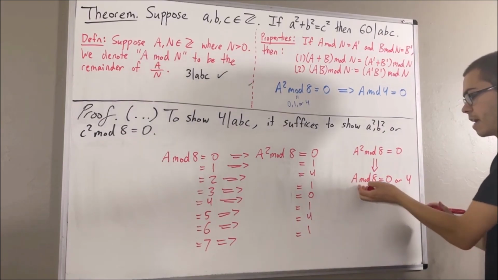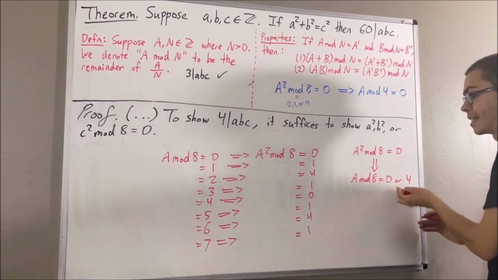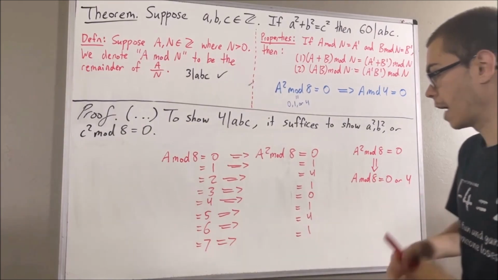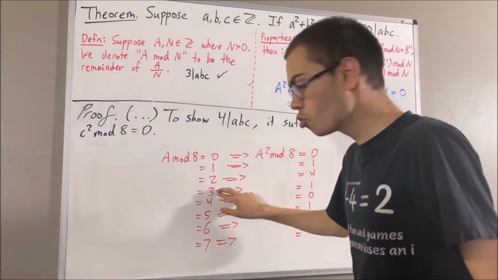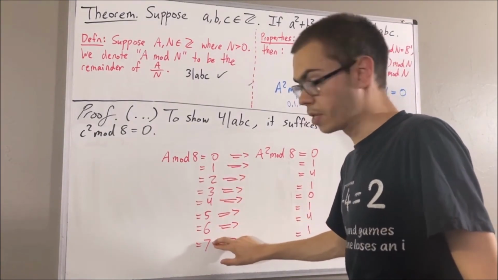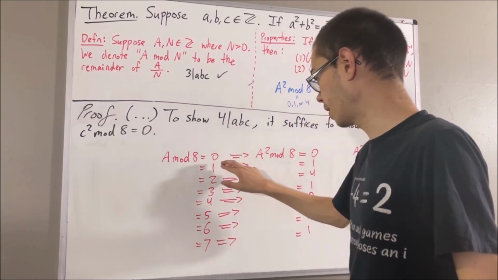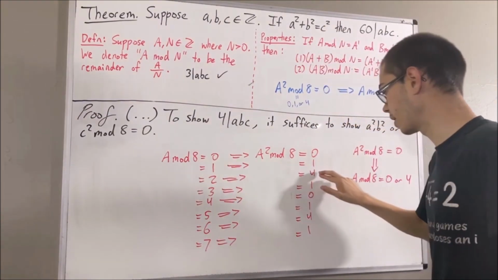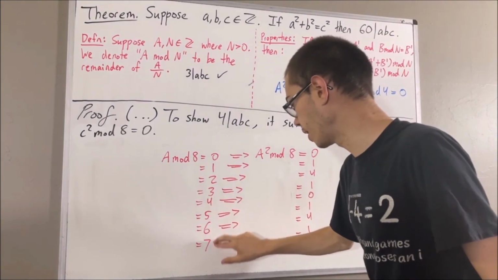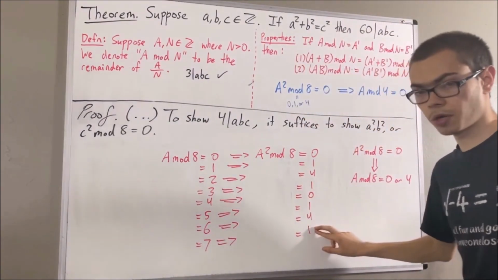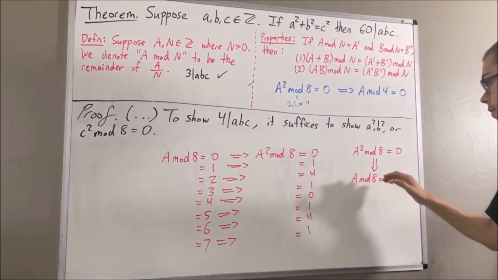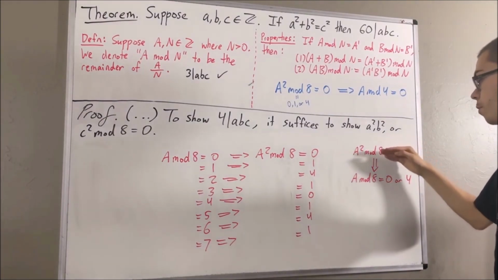If a mod 8 is not equal to 0 and not equal to 4, then we have one of these cases. In each of these cases, a squared mod 8 is not equal to 0. So the contrapositive is true, therefore this implication is true.